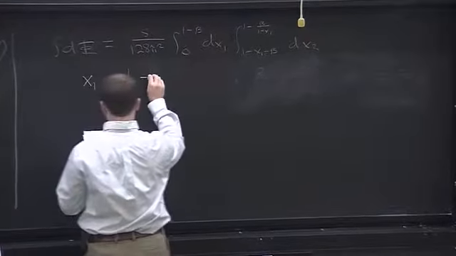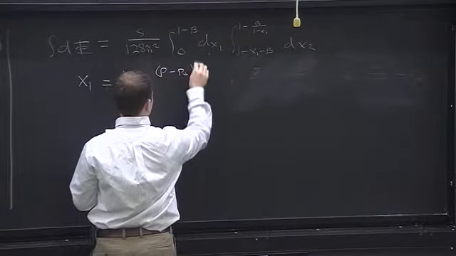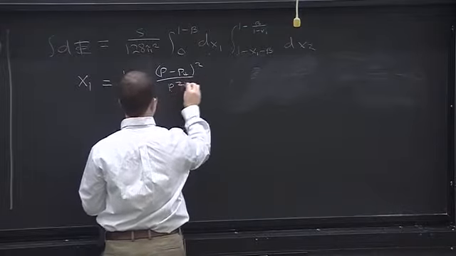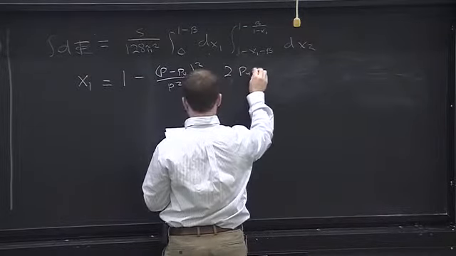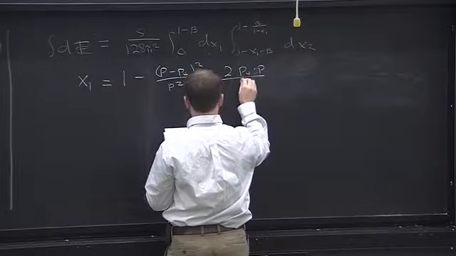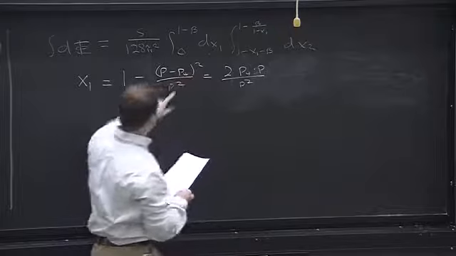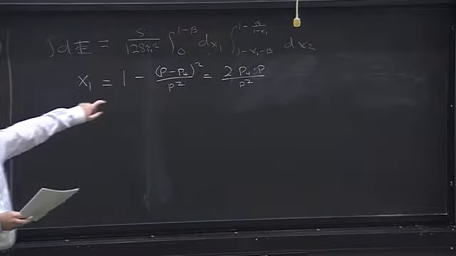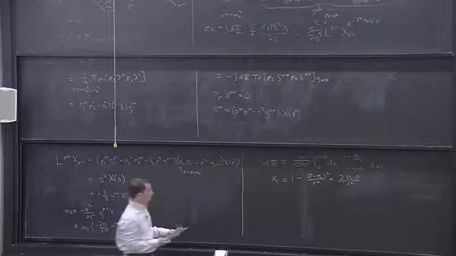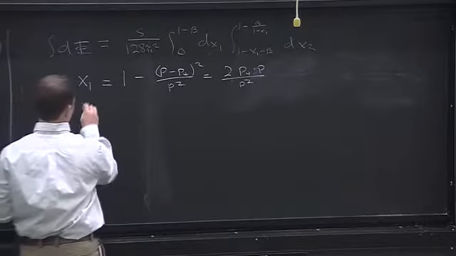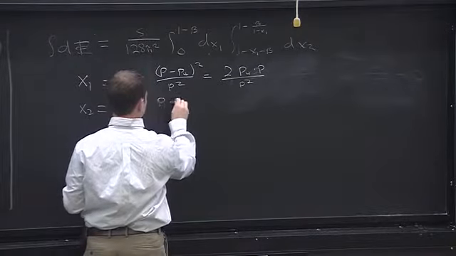You could write them as 1 minus p4 squared over p squared, which is also equal to 2 p4 dot p over p squared, because we're treating p4, the antimuon, as massless. And similarly for the muon.